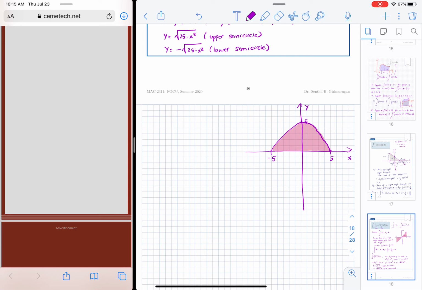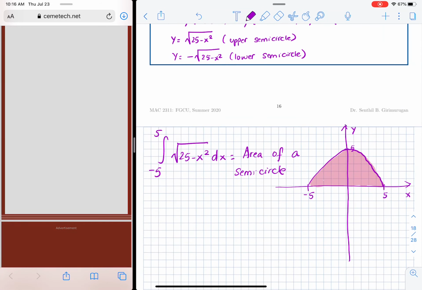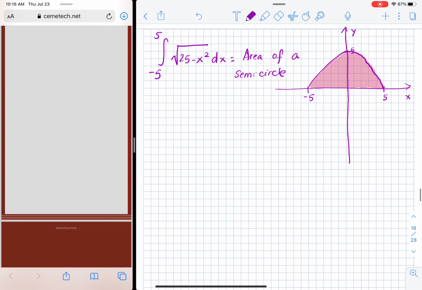So the area under the curve, the square root of 25 minus x squared dx, is simply the area of a semicircle with radius 5.